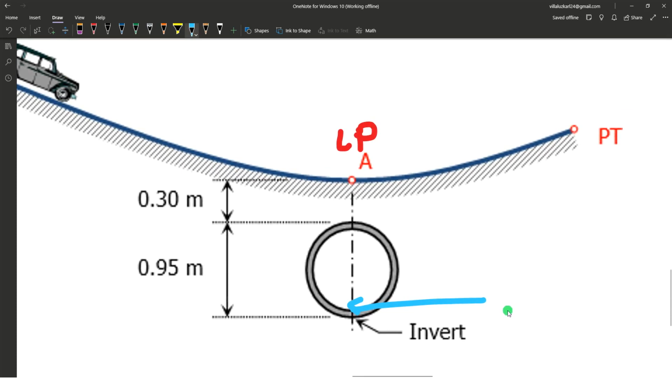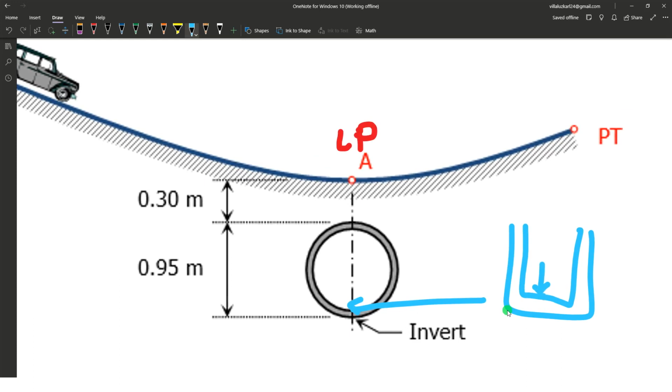Or if we have a line canal, the invert elevation is right here, the lowest point on the surface, or the inside surface, of the drainage structure.